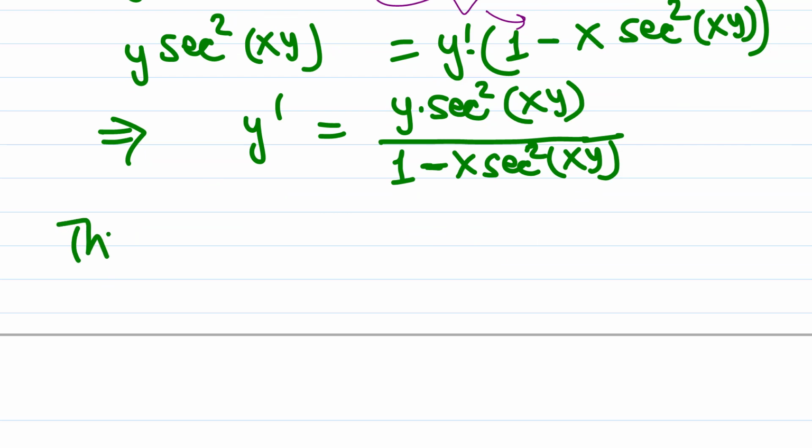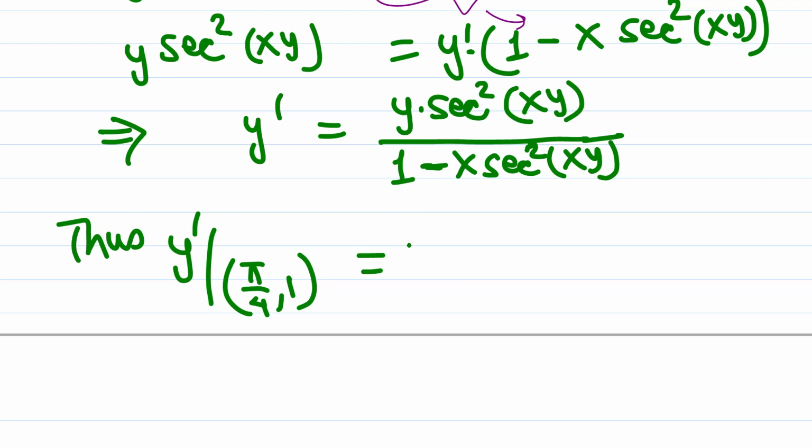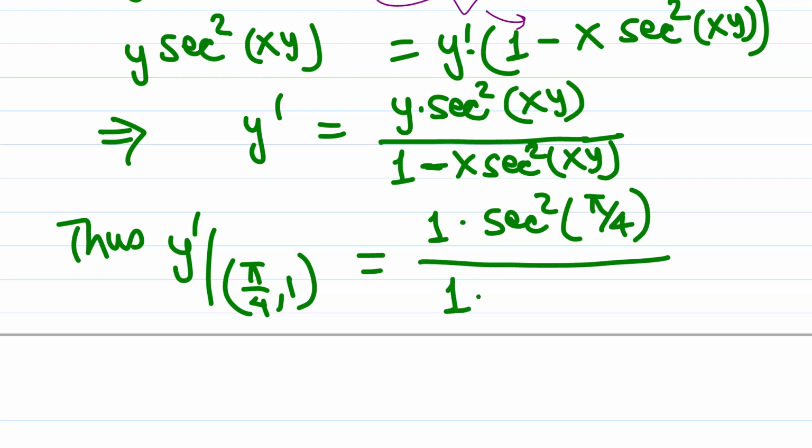So the slope of the tangent line at the point is y prime equals, you don't have to write the notation, y is 1 times secant square xy. x is pi over 4 and y is 1, so pi over 4 times 1 is just pi over 4, all over 1 minus x, which is pi over 4, times secant square xy, where xy means just pi over 4.